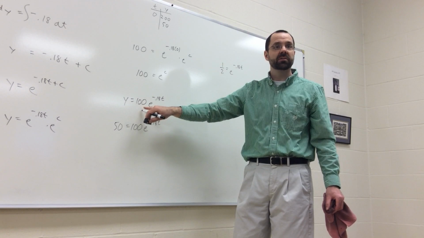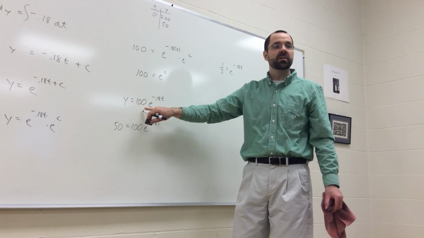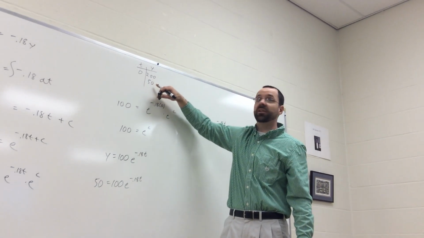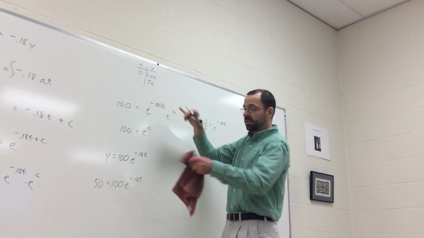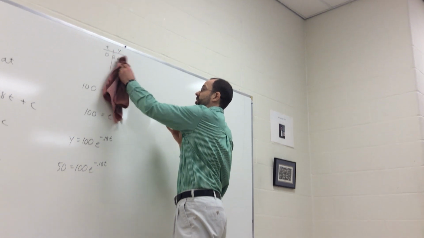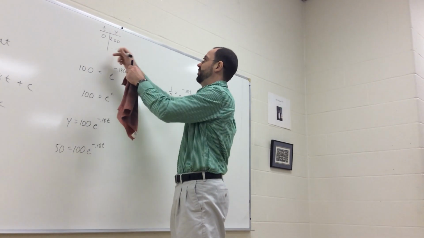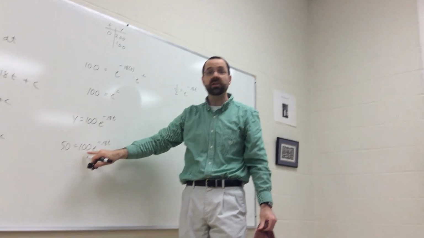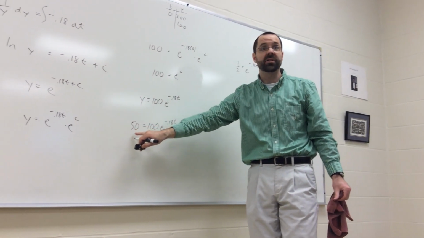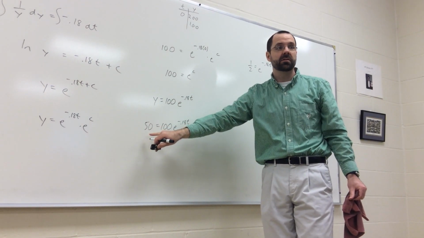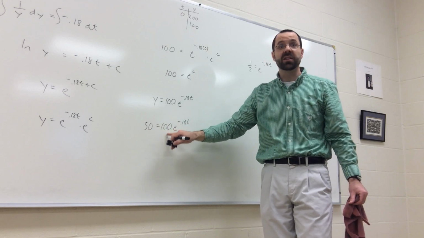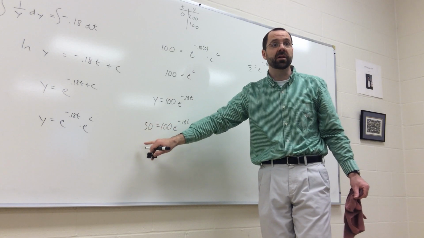Everybody following okay? So then, if it started with 200, then the half-life would be when there's 100. So if I change that to 200, I need to change this to 100, right? Because half as much. Still following okay? Then if I divide it by the 200, what's 100 divided by 200?